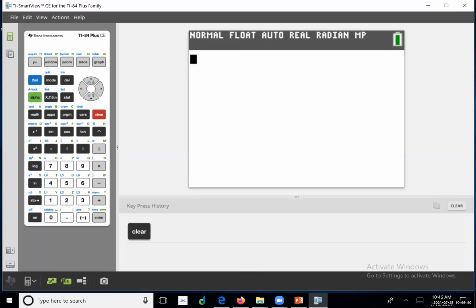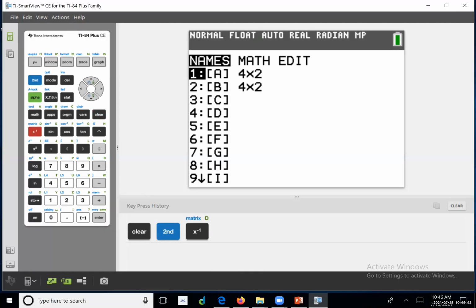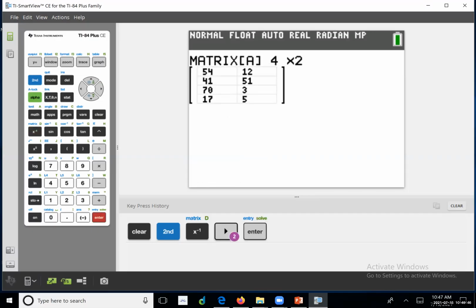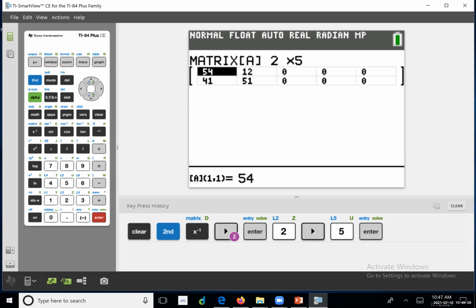Second matrix, Edit. This time you have 2 rows, horizontal, and 5 vertical, so 5 columns. It should show correctly if you put it in correctly.